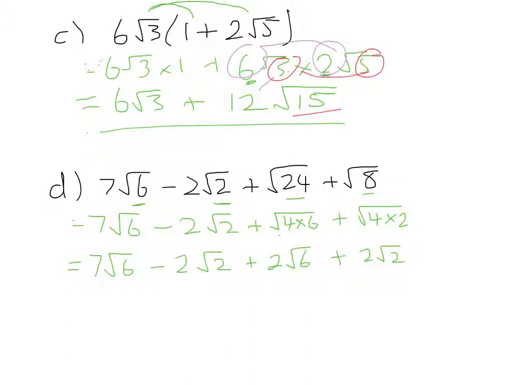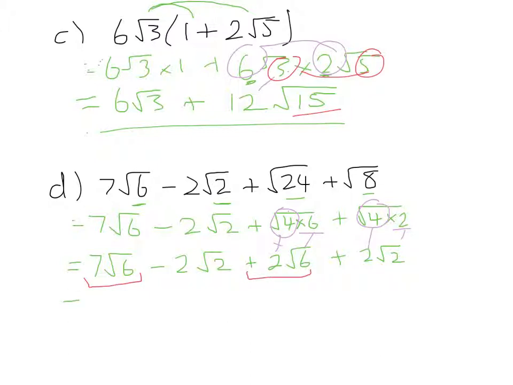I'll just draw some little arrows to represent what's happening there. So the square root of 4 becomes that 2, and the square root of 4 here becomes that 2. And this root 6 will stay as root 6, that root 2 will stay as that root 2. So now we have some like surds. So we've got root 6 here and root 6 here.